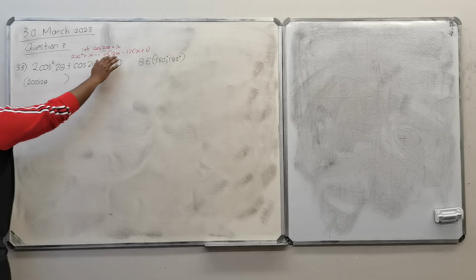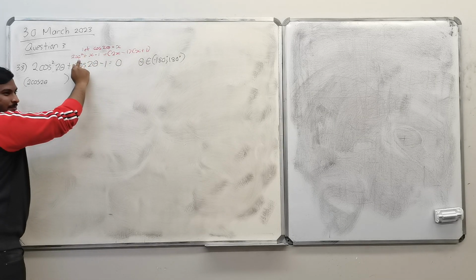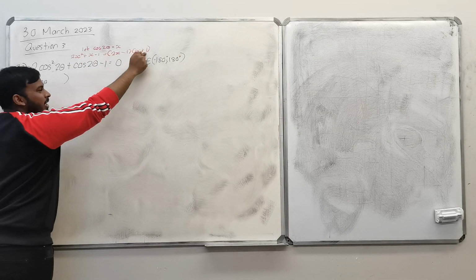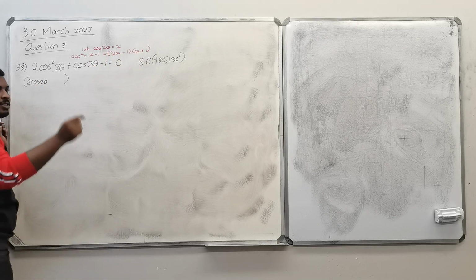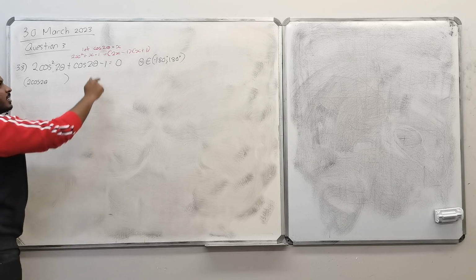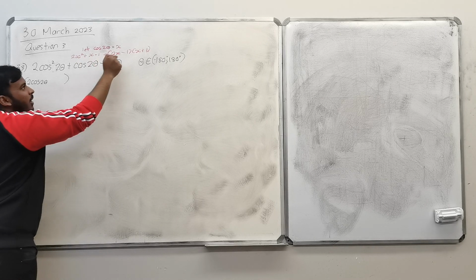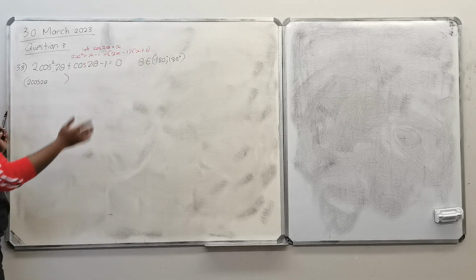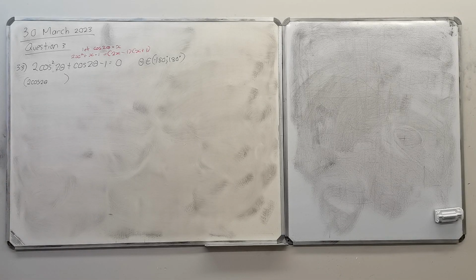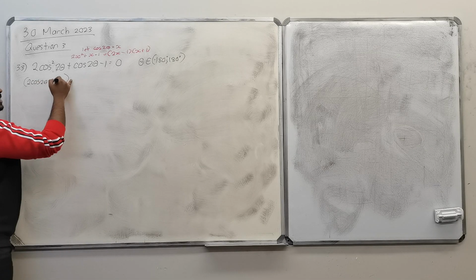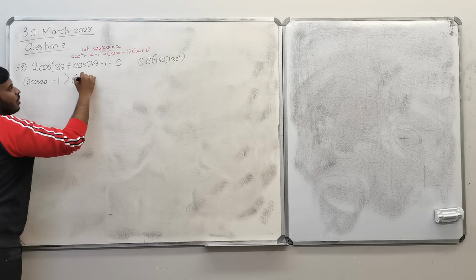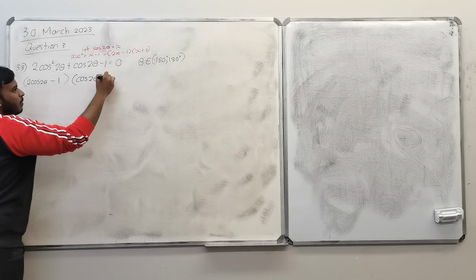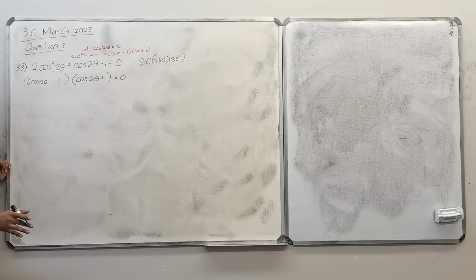Okay. Right. 2x and x is 2x squared. 2x and 1 is positive 2x. Minus 1 and x is minus x. So 2x minus x is positive x. Minus 1 and 1, minus 1. So it works, right? So here it will be 2 cos 2 theta minus 1 times cos 2 theta plus 1 equal to 0.